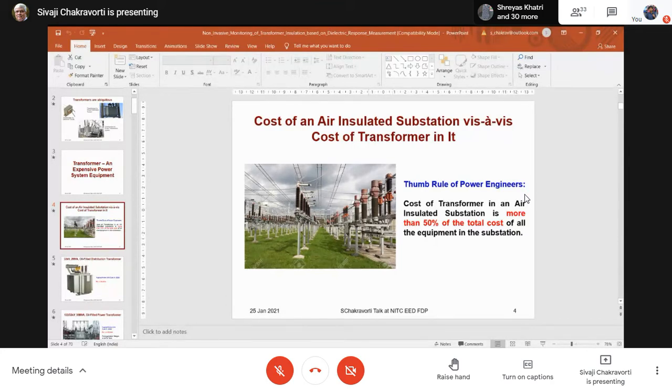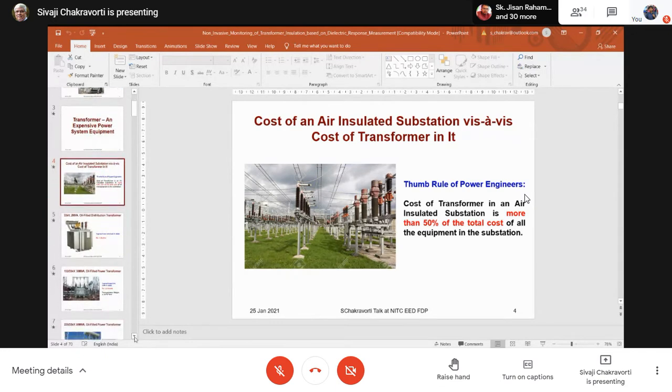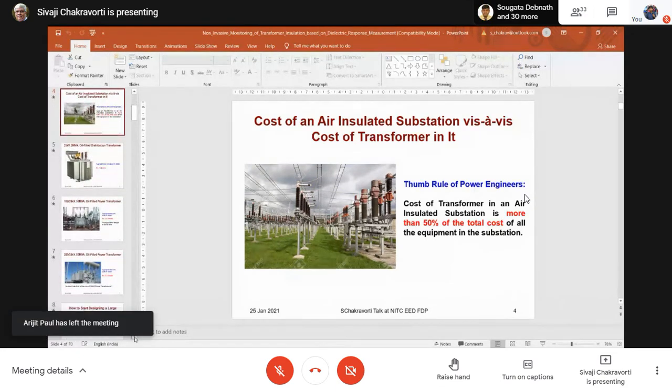Can you imagine that with so many equipments in this substation, the cost of the transformer will be half the cost of the substation? It is so expensive. That is something as an engineer we have to keep always in mind.